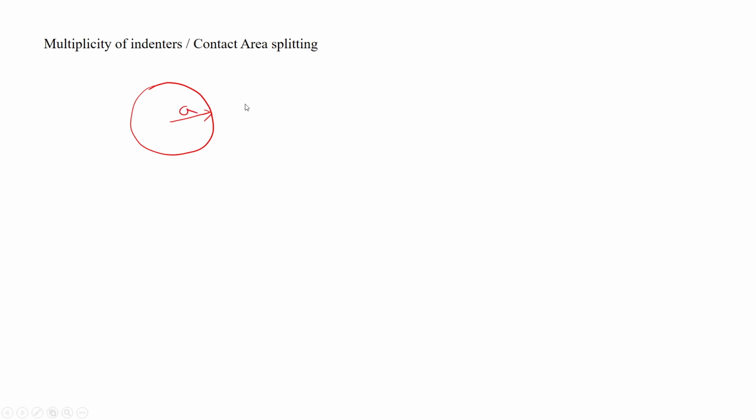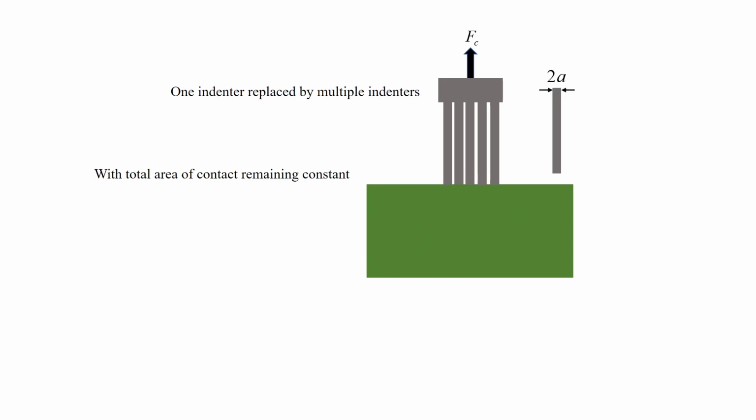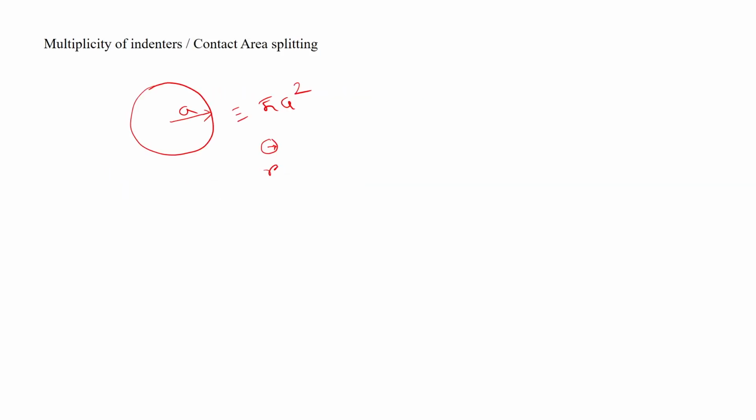Instead of that, let us say we have several indenters with radius small a. So instead of a single indenter we have several such indenters, and we would like to know if the multiplicity of indenters can help increase the pull off load.